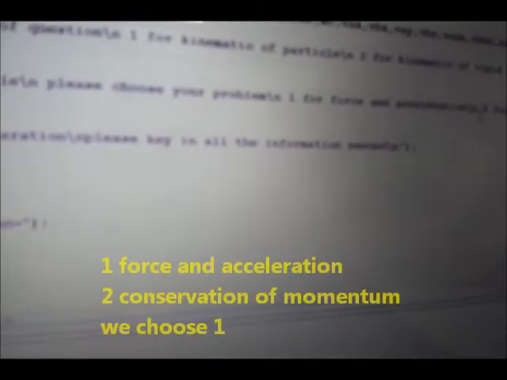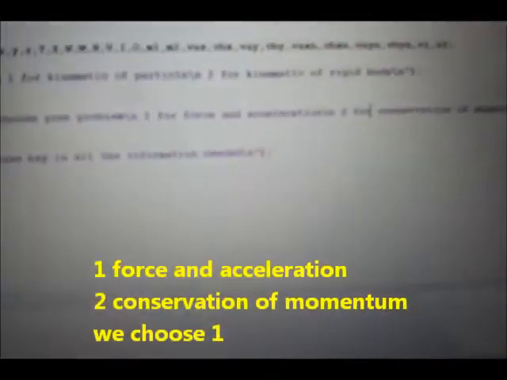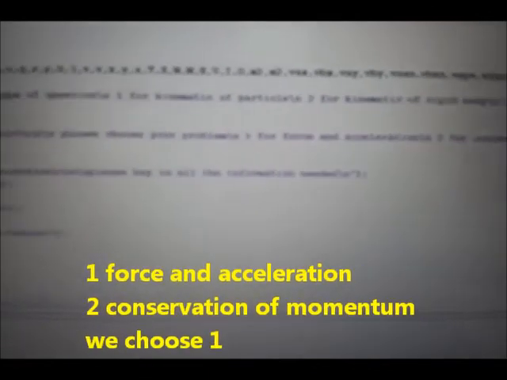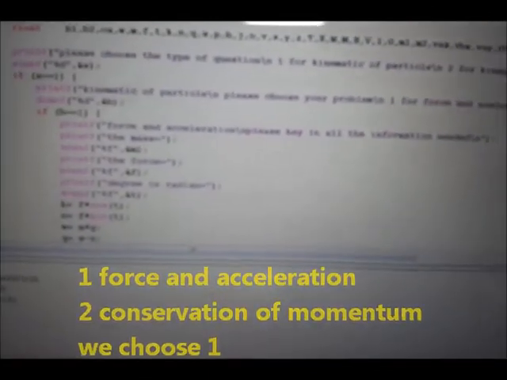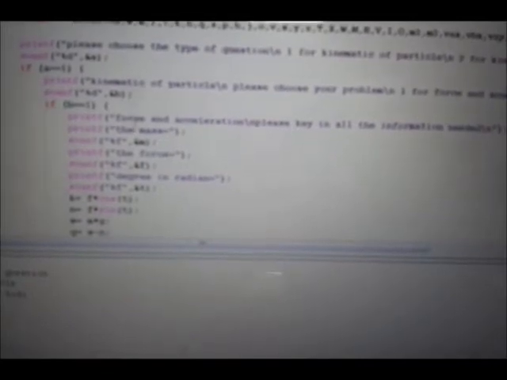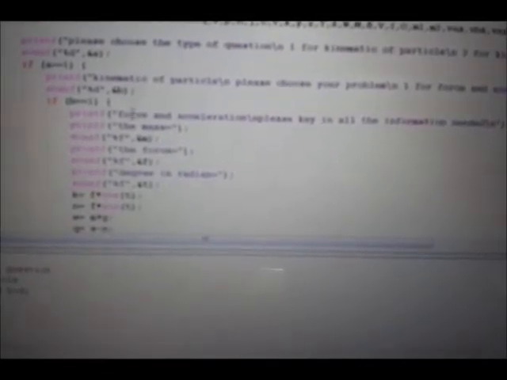If we choose 1, the program asks again to choose 1 for topic force and acceleration, and 2 for topic conservation of momentum. And we choose 1 again, and if we choose 1, this is our calculation and the formula, and then we try to run the program.